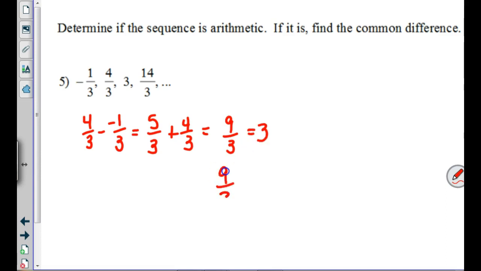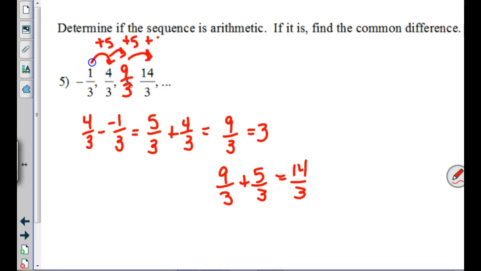If we're at 9/3, did they add 5/3 again to get to 14/3? Okay, I probably would have rewritten this as 9/3 right here because it would have helped my little pea brain. Because then I could have said, oh yeah, that went up 5, this went up 5 more, this went up 5 more. So you have to remember though that each of those was thirds. So the difference is 5/3. So it's yes, D equals 5/3. Sorry, that was a really weird D.